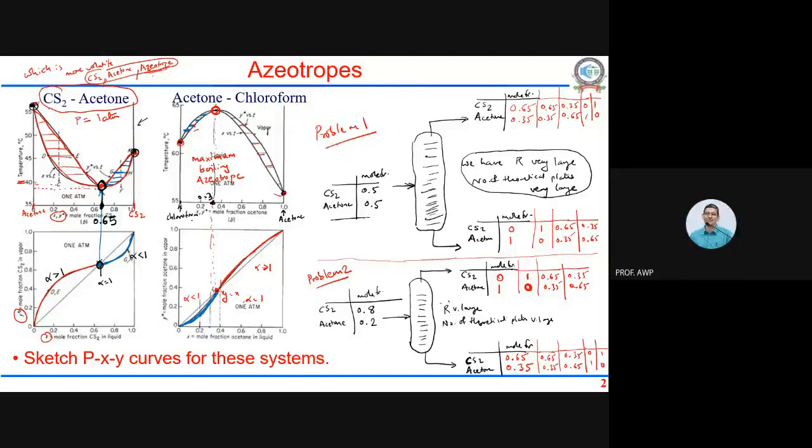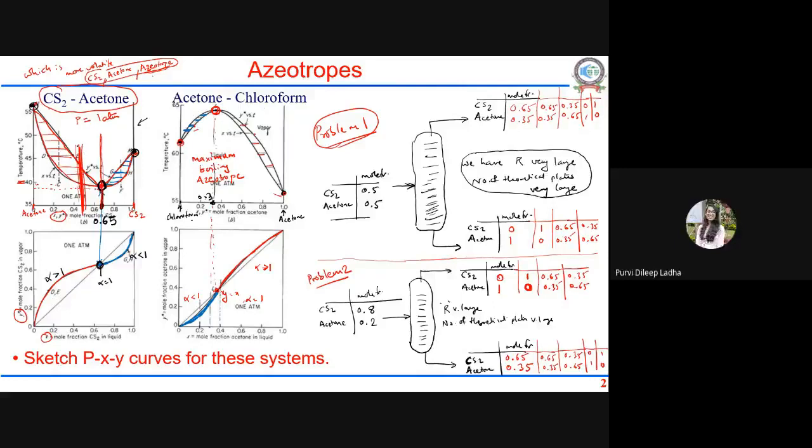Now look at problem number 1. My composition is here, 0.5. So that means we are on the left side of this azeotrope. On the left side of the azeotrope, tell me which is more volatile?